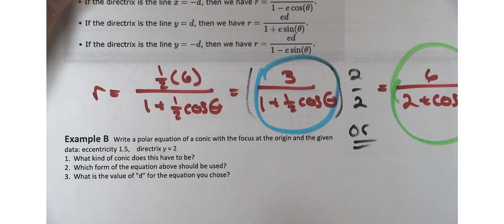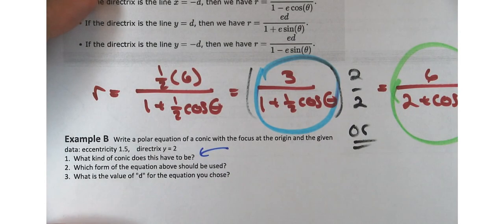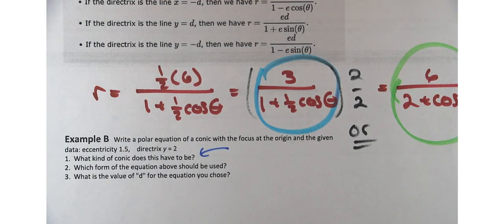So first things first, what kind of a conic section does this have to be? There's just no choice about it. If our eccentricity is 1.5, what's that telling us about our conic section? Curtis, what kind of conic section does this have to be?